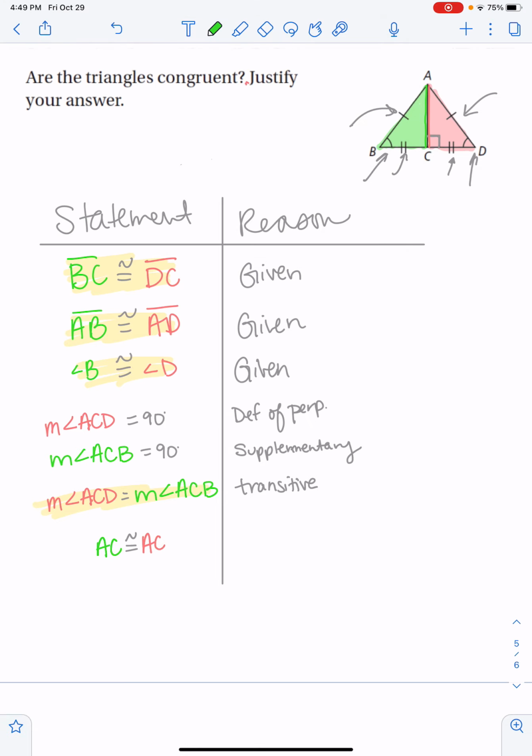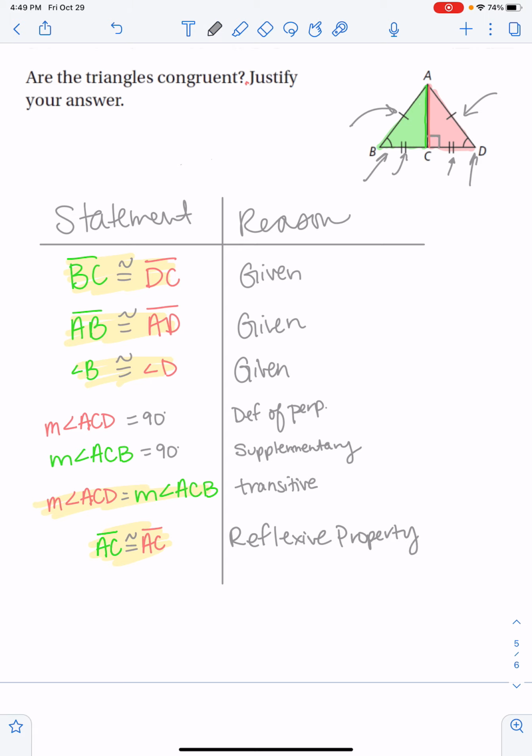There's that, and there's that. And that's just called reflexive property. So I've got a 5th one.